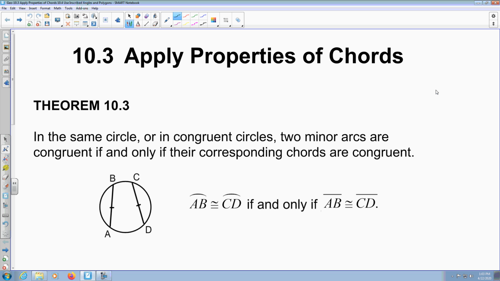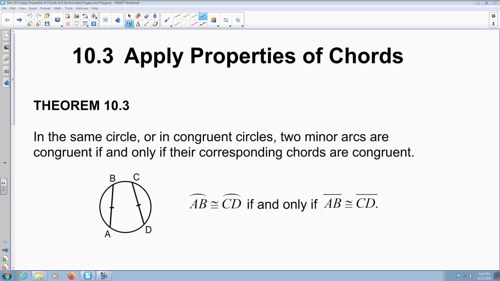The first one we have in front of us is Theorem 10.3, where it says in the same circle or in congruent circles, two minor arcs are congruent if and only if their corresponding chords are also congruent.